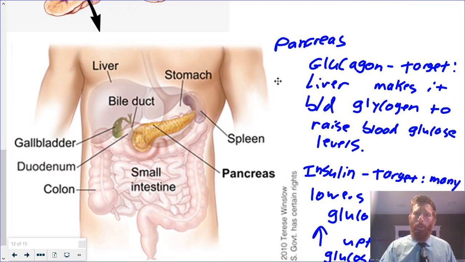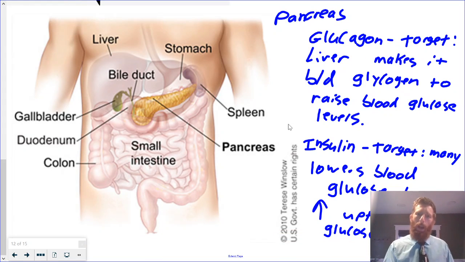So glucagon: if our blood sugar is too low, then our pancreas releases glucagon, which targets the liver. The liver is where we store a lot of our sugar molecules in the form of glycogen. So glucagon makes the liver break down glycogen to raise blood glucose levels if our blood glucose is too low.